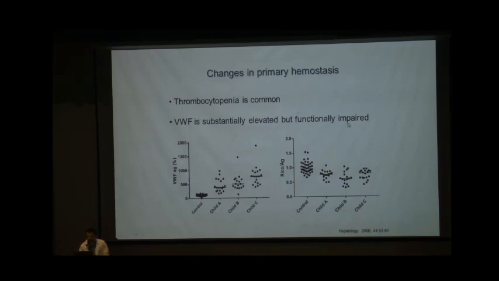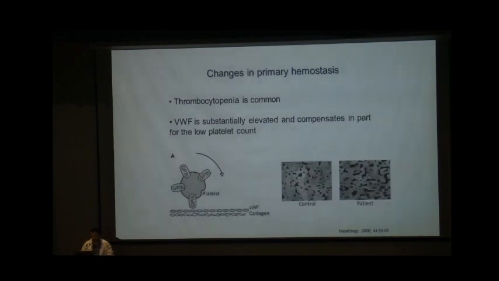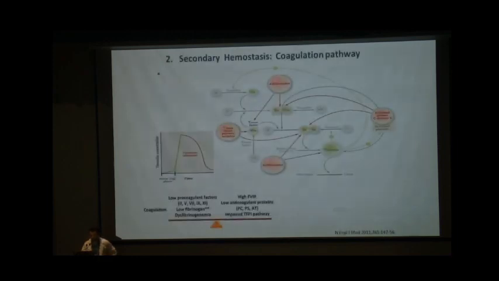However, it is functionally impaired as the stage goes from Child A to C. There is an increase in the von Willebrand factor, however, there is a decrease in the ristocetin aggregation assay, which measures the qualitative function of the von Willebrand factor. This basically shows that the increase in von Willebrand factor compensates for the low platelet count in patients with cirrhosis in primary hemostasis.